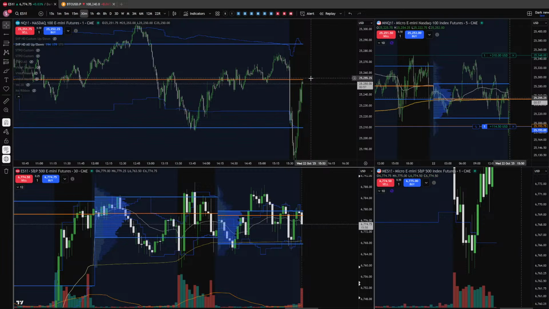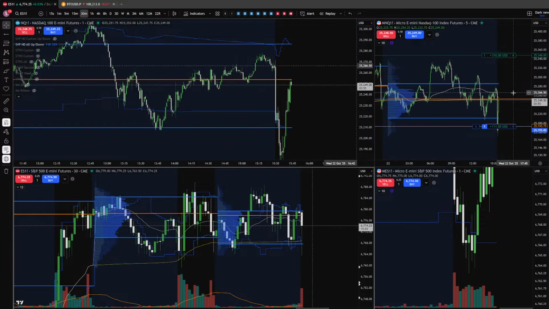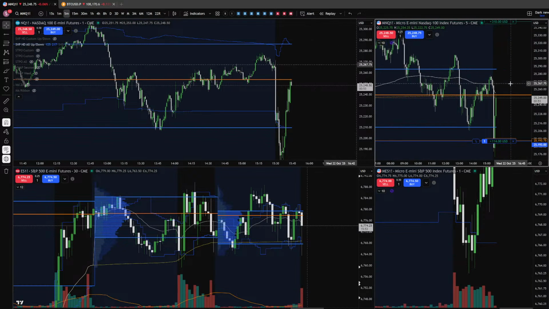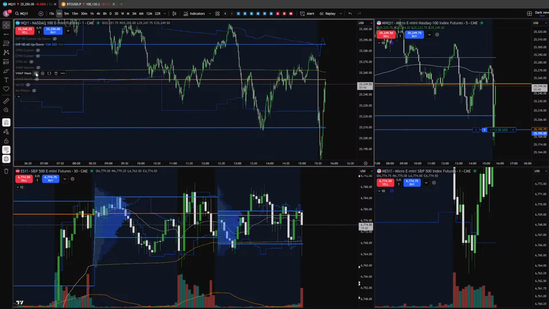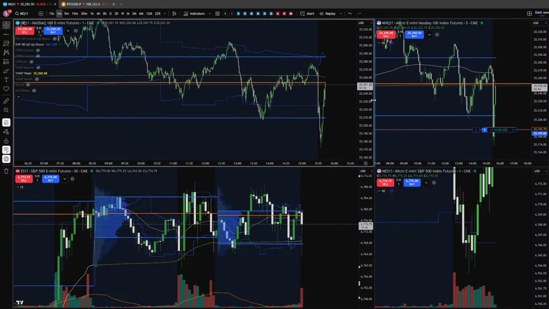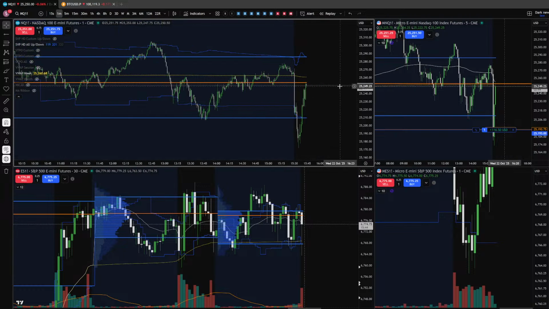So okay, so on ES we are up against that resistance. Let's see. Let's monitor this.